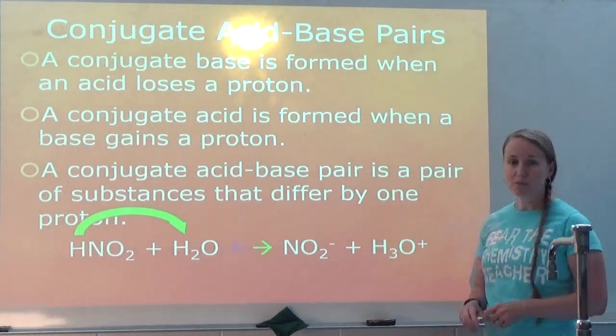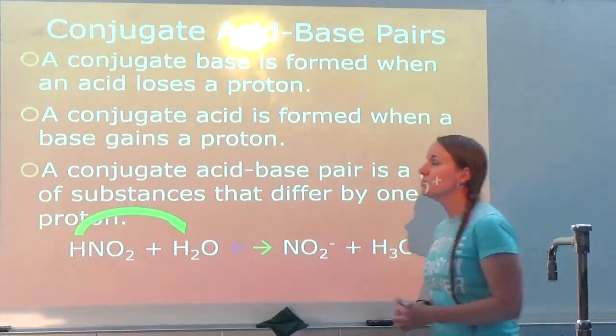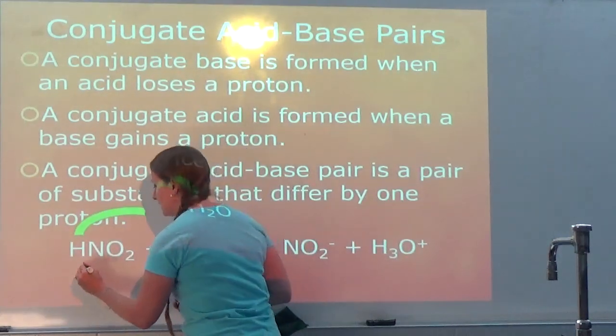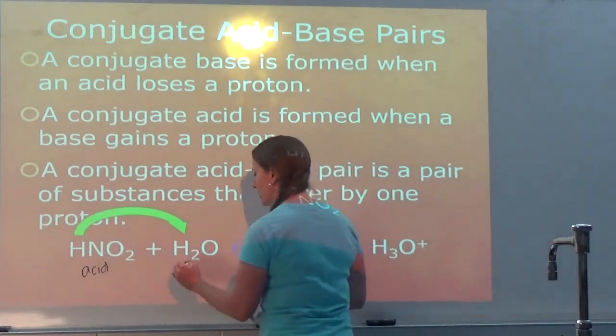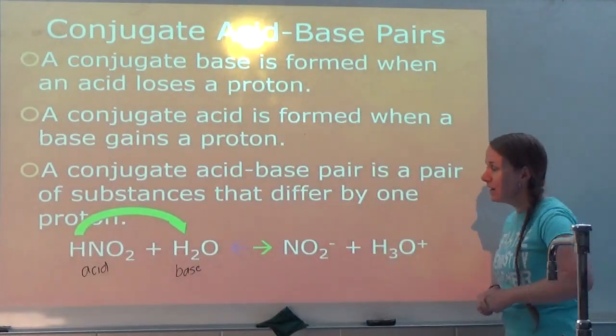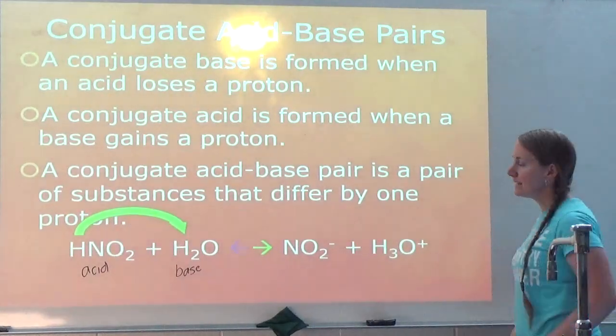So since HNO2 is the donor, it's the acid. Since water is accepting the hydrogen, it is acting as the base. Remember, we talked about it's amphiprotic. It's not basic normally, it's just in certain situations it can act as an acid or a base.